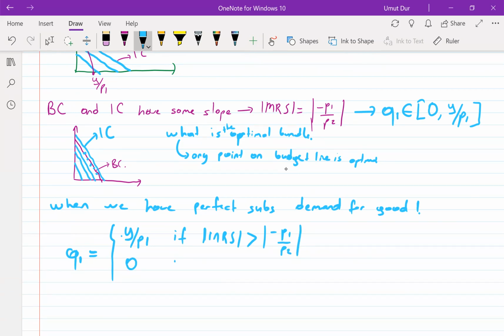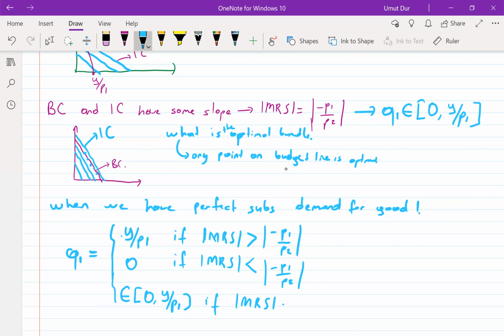It is 0 if MRS is less than the ratio of the prices, and it is anything between 0 and the maximum amount of good one that I can consume if the marginal rate of substitution is equal to the ratio of the prices.